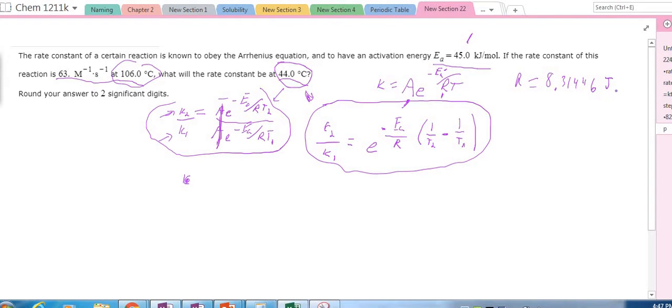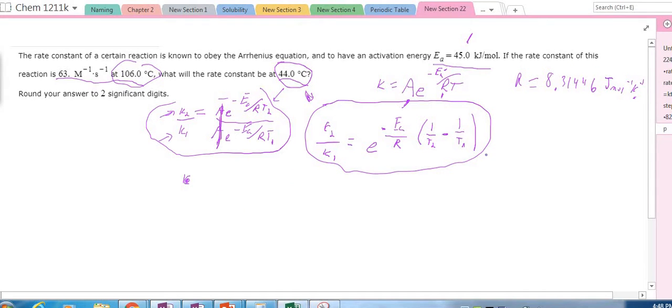So I need to be in Kelvin, and I need to make sure that I am in joules as opposed to kilojoules.